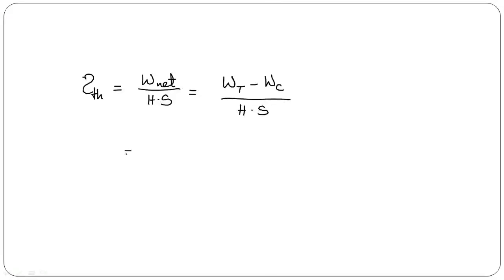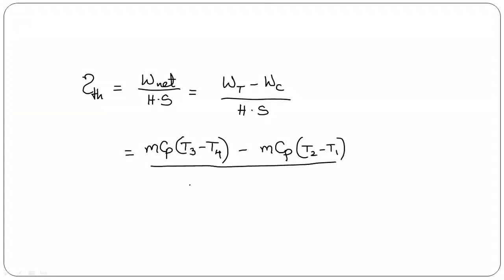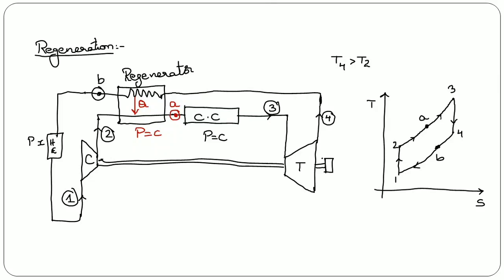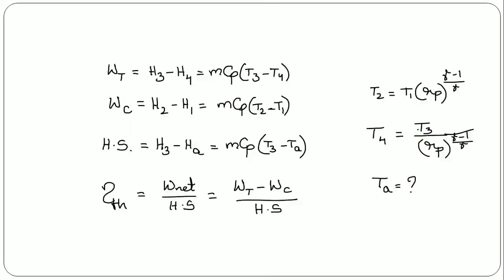So turbine work is mCp T3 minus T4, minus compressor work, which is mCp T2 minus T1, by the amount of heat supplied, which is mCp T3 minus Ta. So here heat supplied is mCp T3 minus Ta. A23 is the heat supplied process.